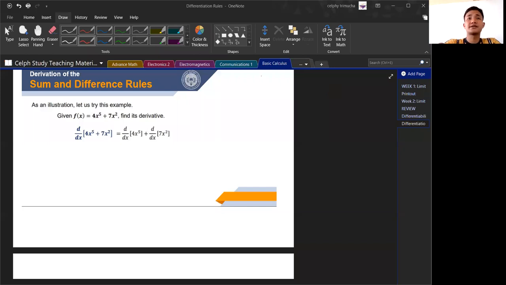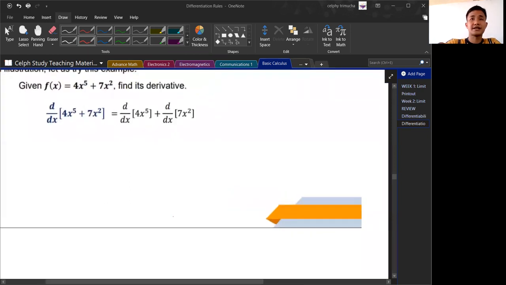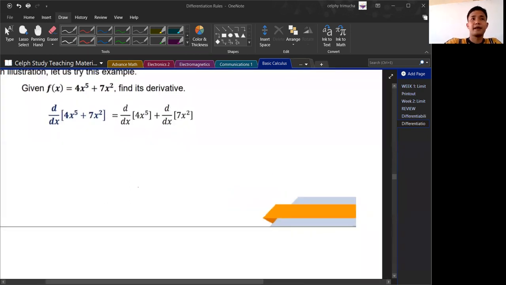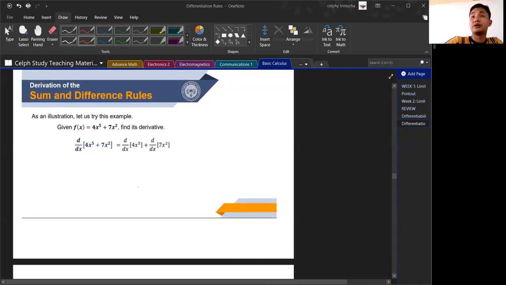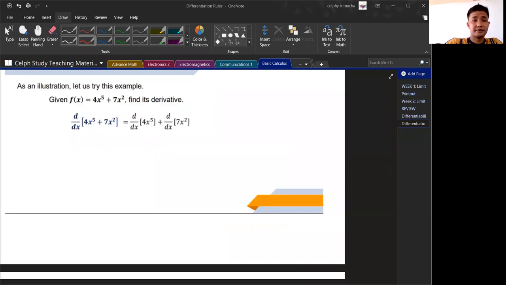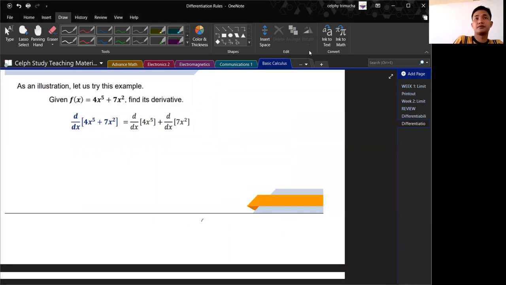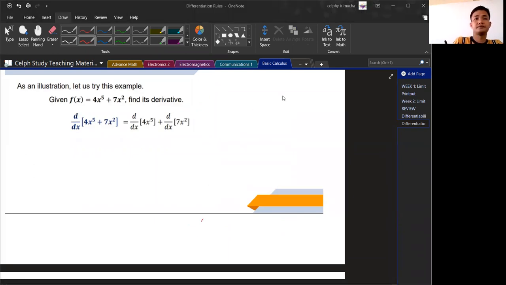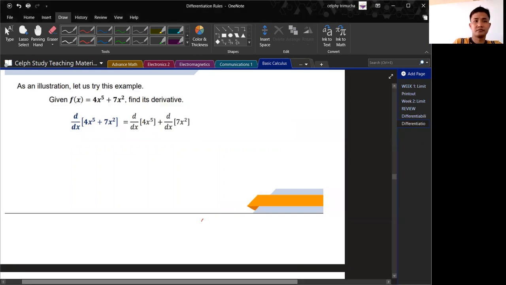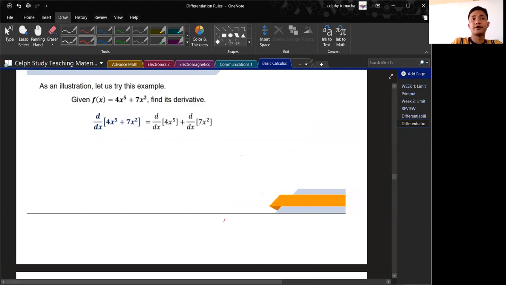Okay, so let us continue the discussion on the sum and difference rules. The point when we are having sum and difference rules is that we are going to perform the operation separately. We perform the addition or subtraction on separate terms.